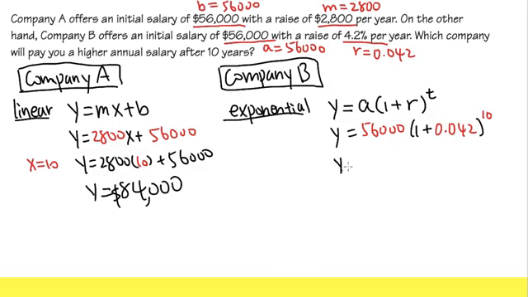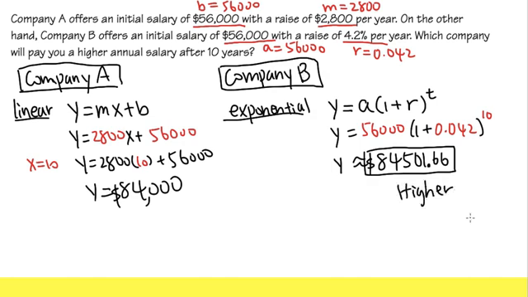You will get y is approximately 84,501.66 dollars. So yes, in the 10th year, Company B will give you a higher salary. So that's it.